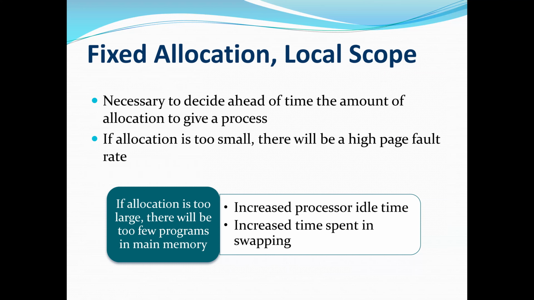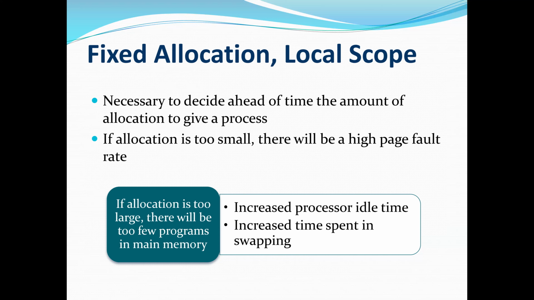The only drawback to this approach is twofold. If allocations tend to be too small, then there will be a high page fault rate, causing the entire multiprogramming system to run slowly.